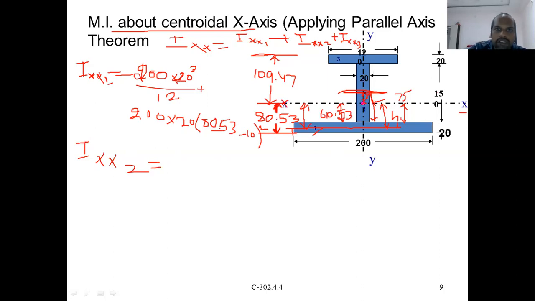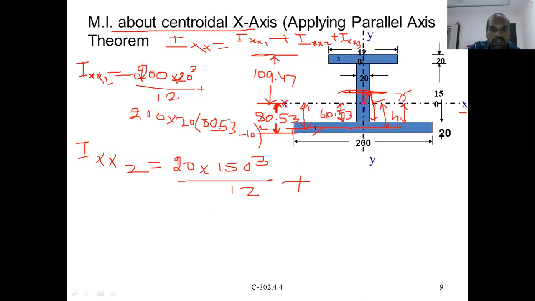So how to use the parallel axis theorem? The parallel axis theorem says that moment of inertia about any axis is equal to moment of inertia about the centroidal axis, that is 20 into 150 cube divided by 12. This is the moment of inertia of this rectangle about its own centroidal axis.